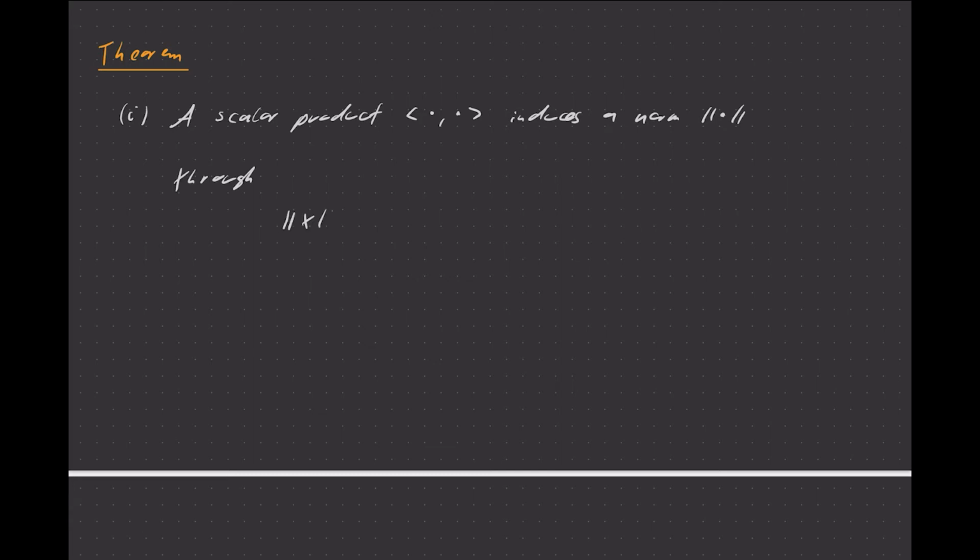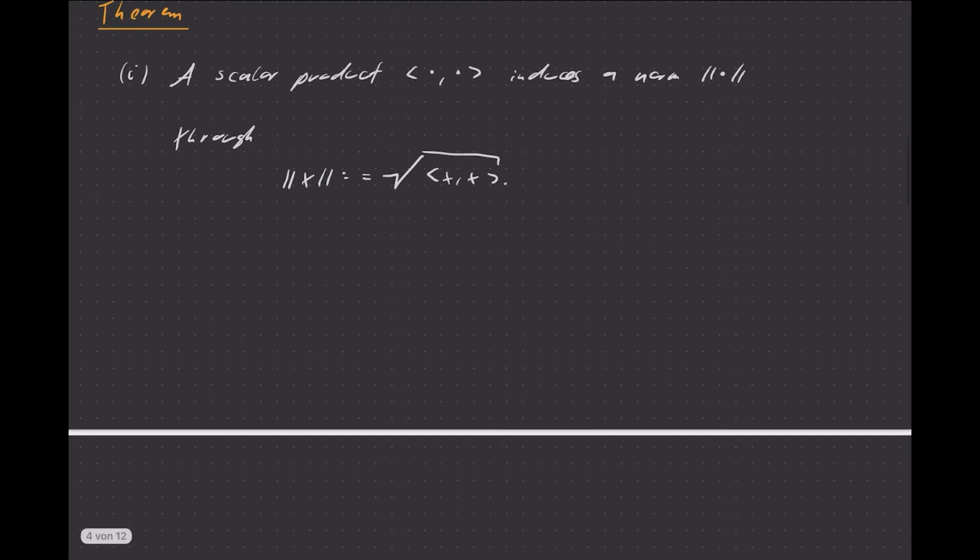The norm of a vector x is defined as the square root of the scalar product of x with itself. And in particular, you notice this works for the canonical scalar product, which induces the Euclidean norm.